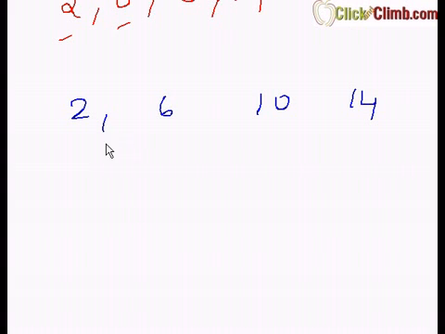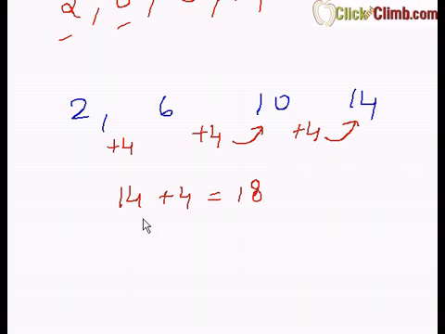If I add 4 to 2, I'll get 6. If I add 4 to 6, I get 10, and if I add 4 to 10, I'll get 14. That means each term we are adding 4 to the previous term. So the next three terms: if I add 4 to 14, that gives me 18.